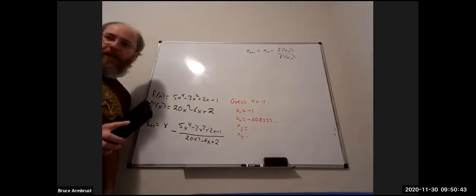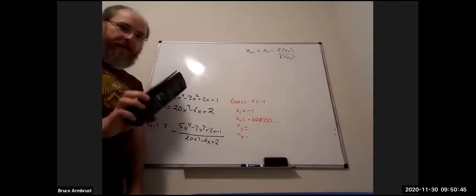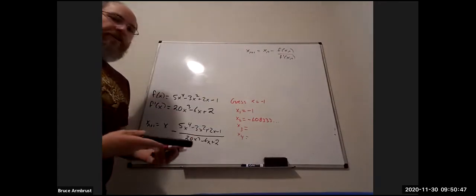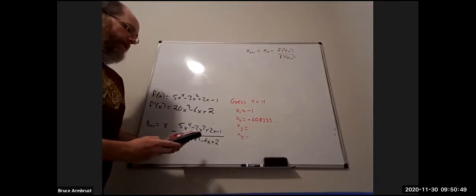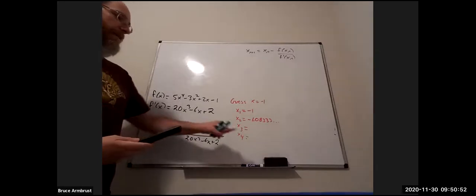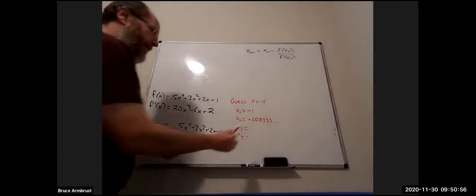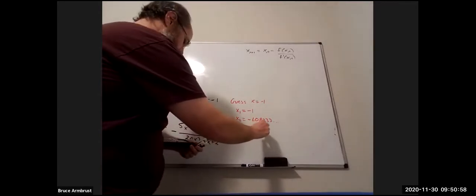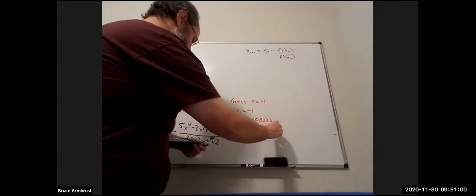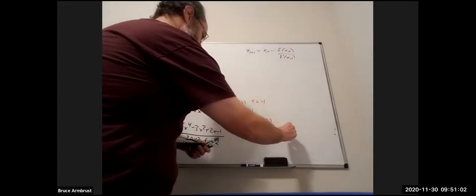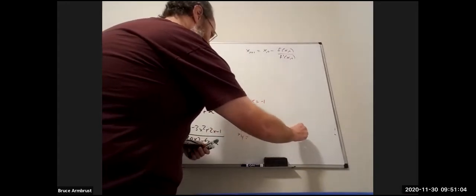Now, if you do this trick where you type it in with the ANS, all you got to do now is hit enter. And what it's going to do is take this number and plug it in. And so I got -1.07155920963.